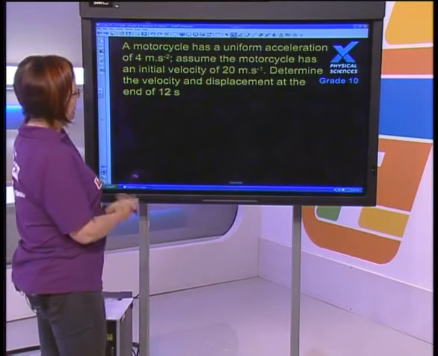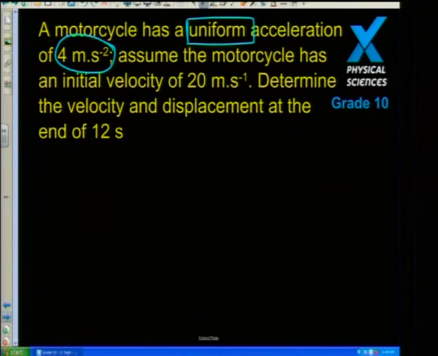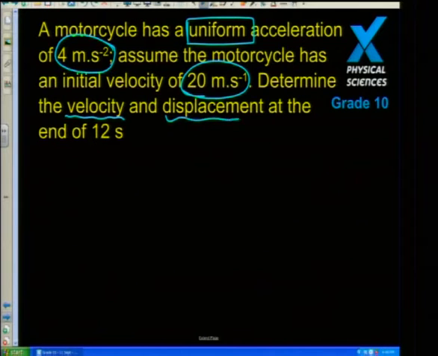All right. A motorcycle has a uniform acceleration. Uniform, grade 10s, same as constant. Okay? Uniform, same as constant, doesn't change. And it has a uniform acceleration of 4. Assume the motorcycle has an initial velocity of 20. Calculate the velocity and displacement at the end of 12 seconds.